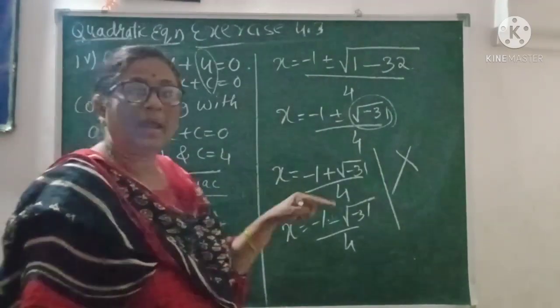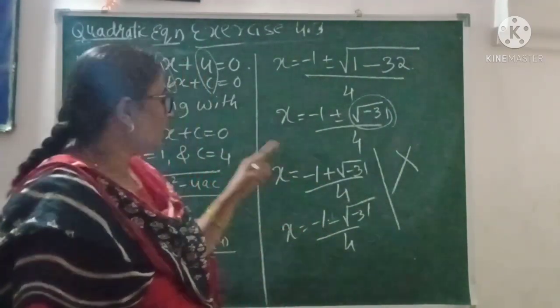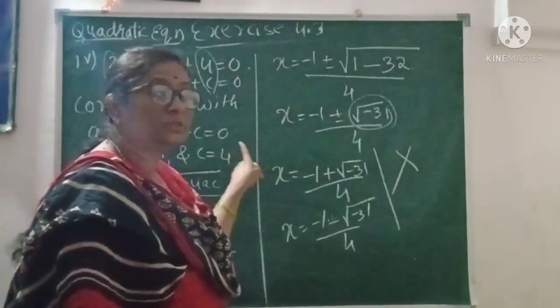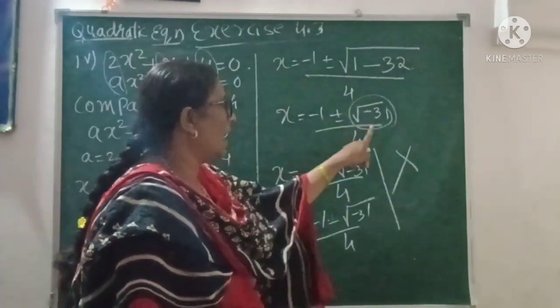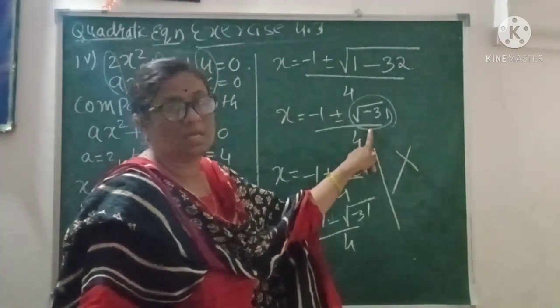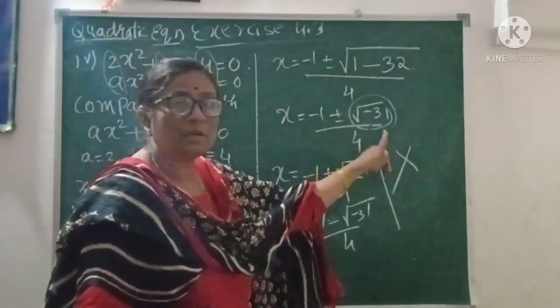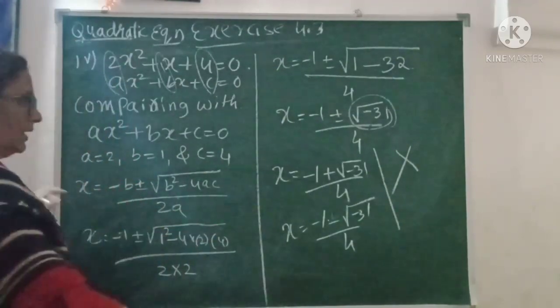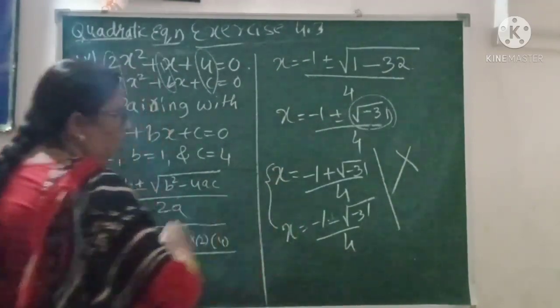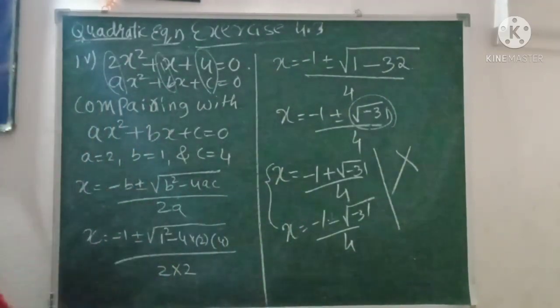Okay, you are going to say at this level that roots of this equation do not exist. Why? Under root you have a minus number, which is called an imaginary number. So if you write this one, it shows you are not well with maths.